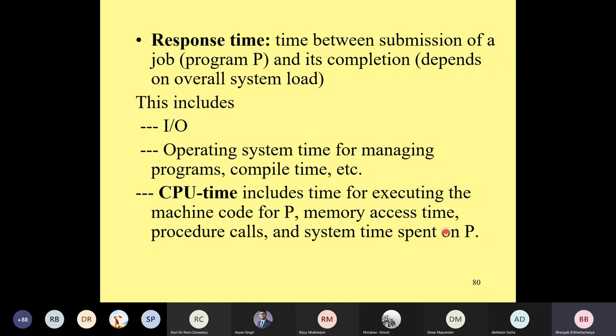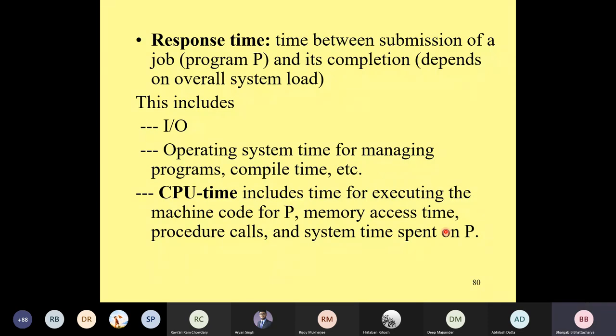Now CPU time means the time which is needed for executing the machine code of P on the processor itself, including the memory access time, but excluding compile and operating system time. So it is the time exclusively required by the machine for executing your program. Of course, it includes memory access time because memory you have to access anyway during the course of execution.